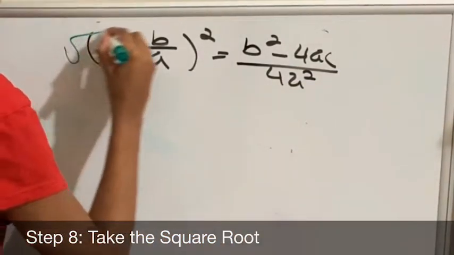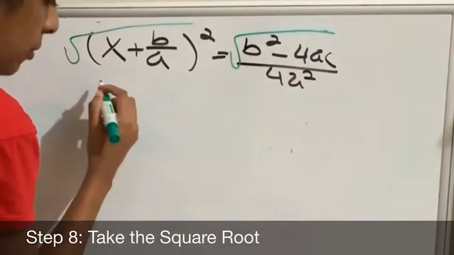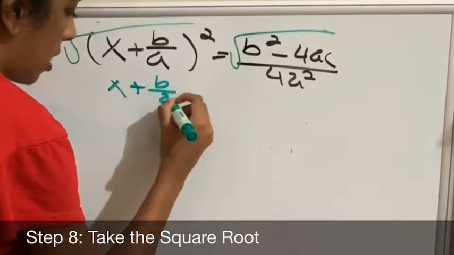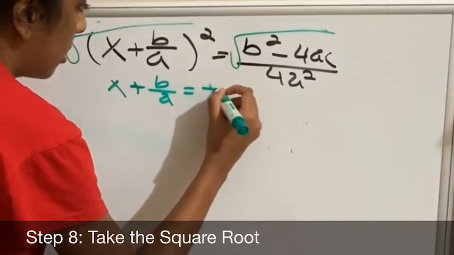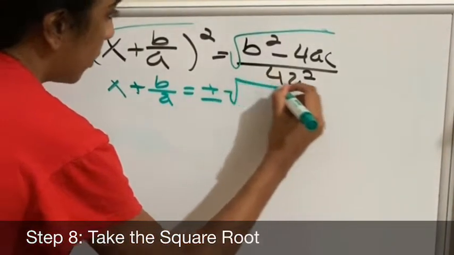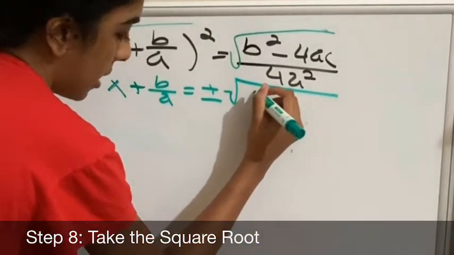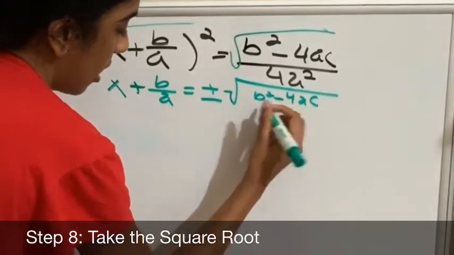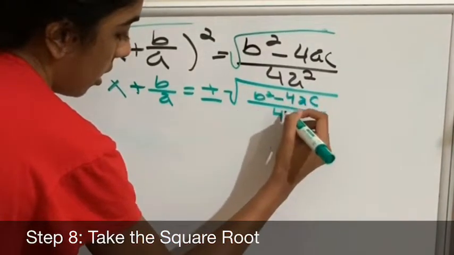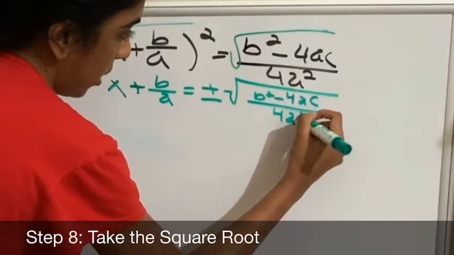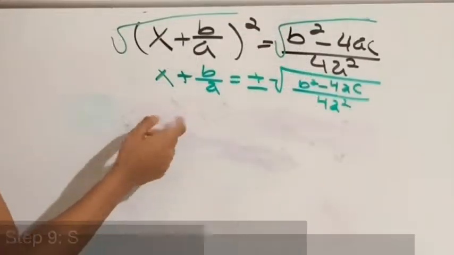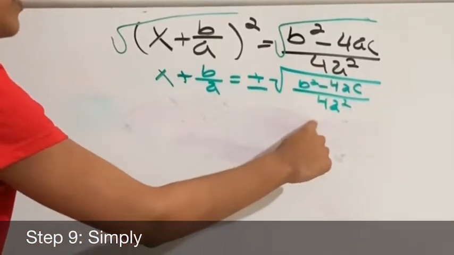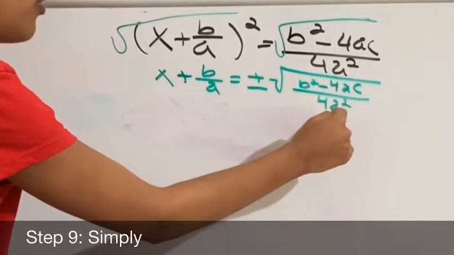So we square root this, and we end up getting x plus b over a equals plus or minus the square root of b squared minus 4ac over 4a squared. So now you see, even though it's a little slanted, that I wrote plus or minus the square root of b squared minus 4ac over 4a squared.